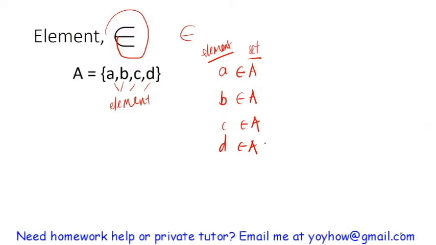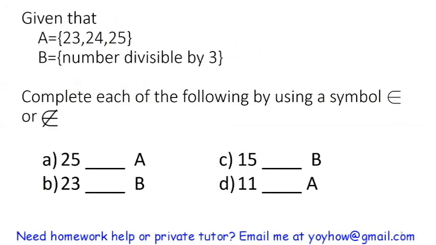All right, so let us try some exercise. Given that A equals 23, 24, 25, and B equals numbers divisible by 3. Complete each of the following by using a symbol.